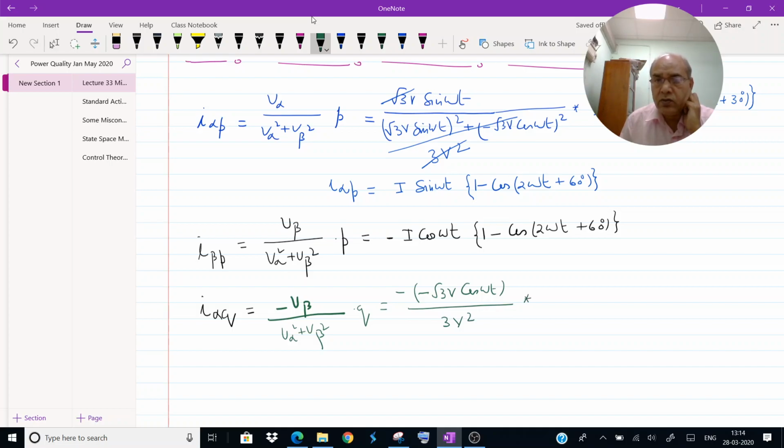Q you already know, root 3 into b into I sine 2 omega t plus 60 degree. So this 3b will go with this and this. Finally minus minus becomes plus, and this becomes I cos omega t into sine 2 omega t plus 60 degree.